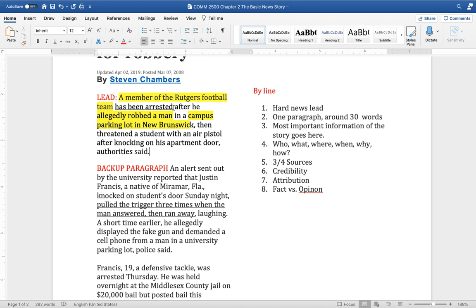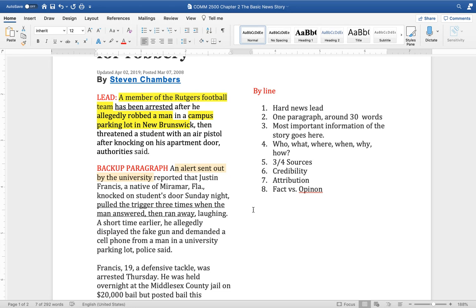We're talking about how that student athlete was arrested. We have to say more about that event, right? So the backup paragraph starts, "An alert sent out by the university." So this is probably how the reporter found out that this event had happened.